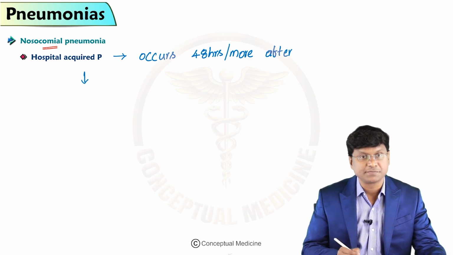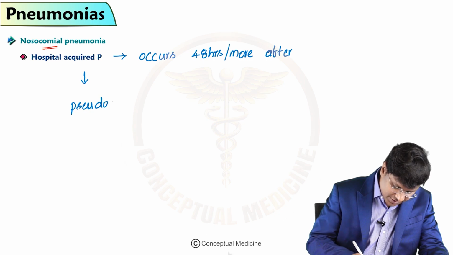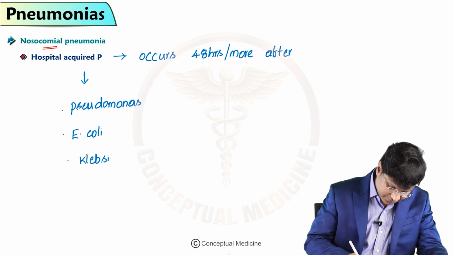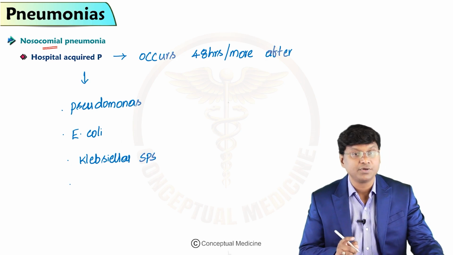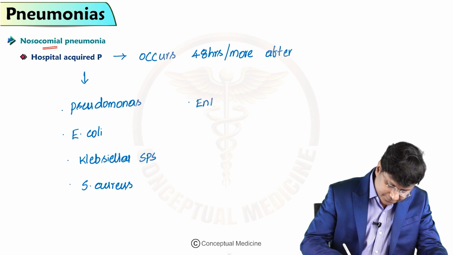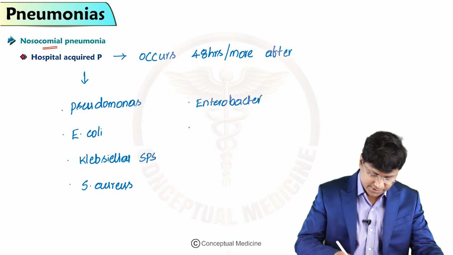And the organisms causing hospital acquired pneumonias include Pseudomonas species, followed by Escherichia coli, next Klebsiella species, and other important organisms are Staphylococcus aureus, Enterobacter, then lastly Acinetobacter species.